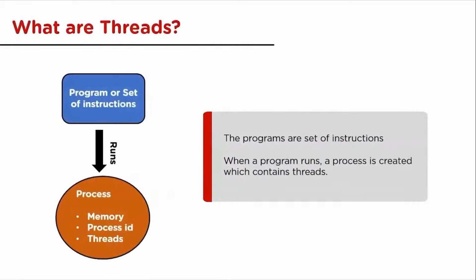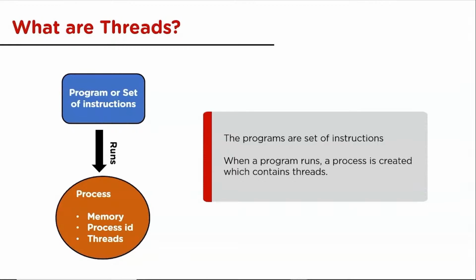What are threads? To understand coroutines in detail, first we will have to understand threads. So let's understand it a little. Programs are just a set of instructions. When a program runs, a process is created, which contains memory, process ID, etc. In that process, there are threads that are used to execute instructions.